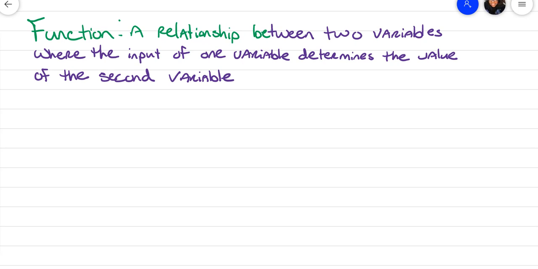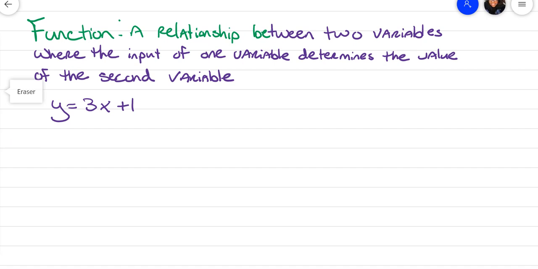So if you go back to your Algebra 1, an example of a function would be something like y equals 3x plus 1. Why is this a function? Because whatever I put in here for x will determine what y is.